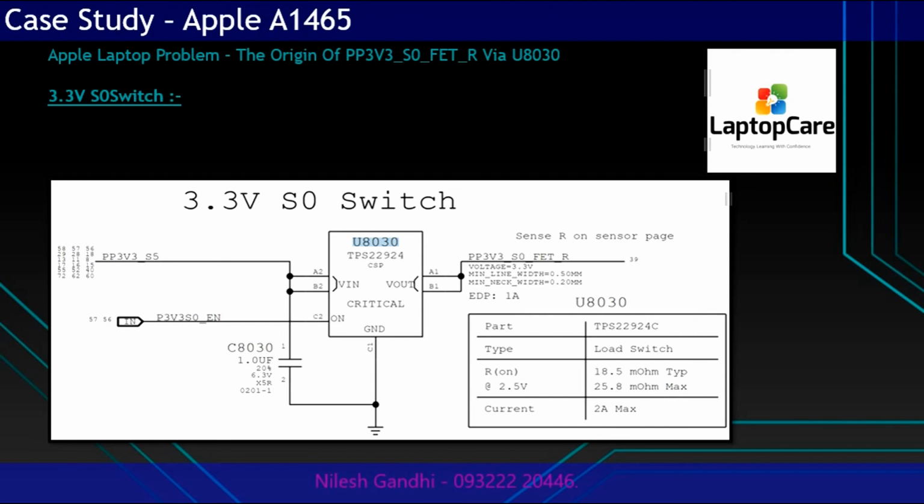Input at A2 B2 is PP3V3_S5 at these particular pins, and the ON pin, that is the C2 pin, which is the enable for this particular IC U8030, is P3V3_S0_EN, and hence in turn it generates our desired output PP3V3_S0_FET_R.